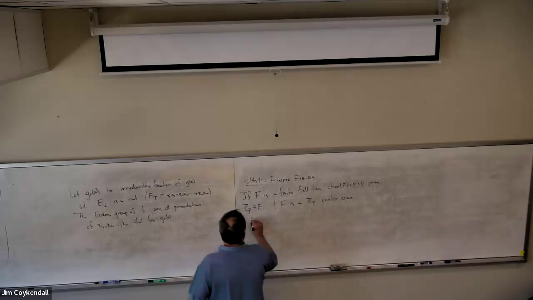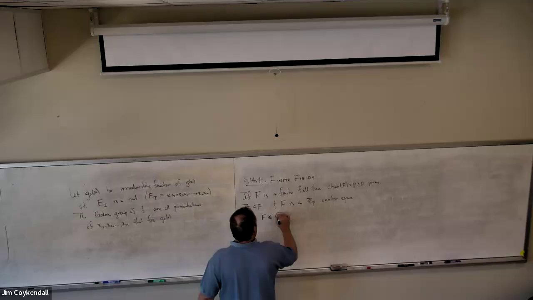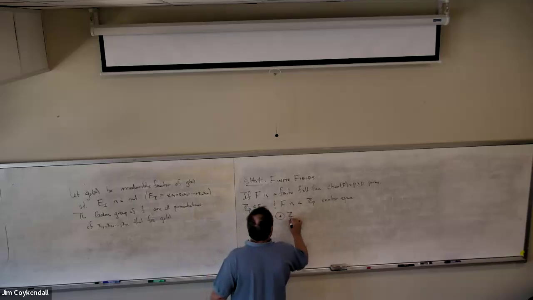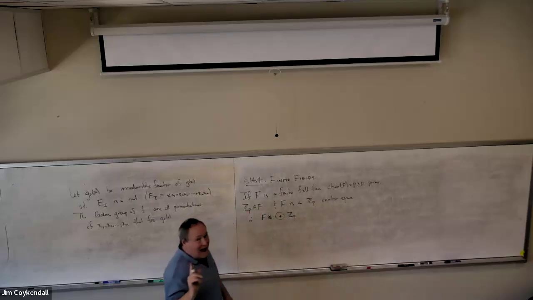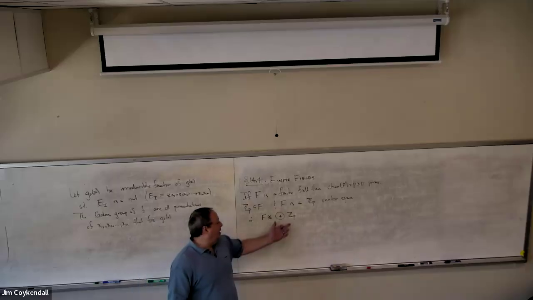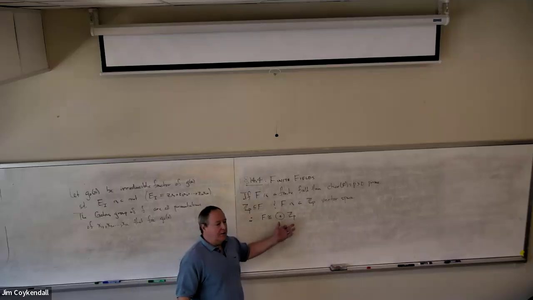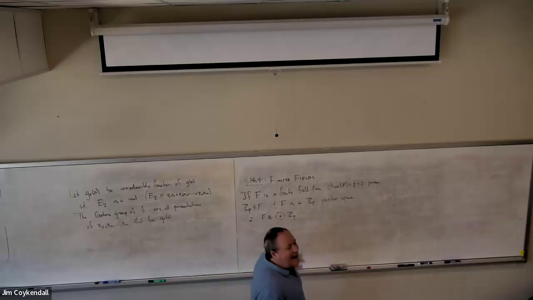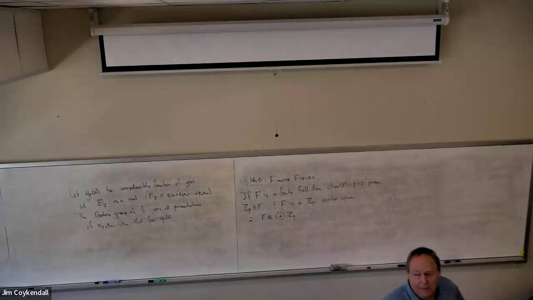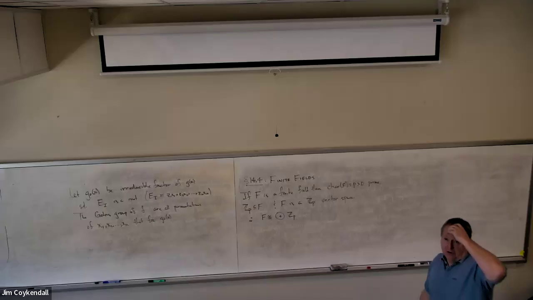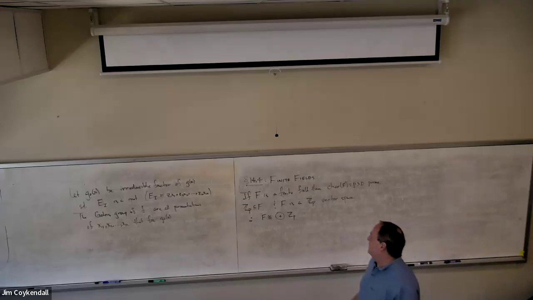Therefore, F is isomorphic to a direct sum of some number of copies of Z_p. As a vector space, this is not a direct product of rings. It's not what it is. This is as a vector space. We're not thinking about F's field structure at this point, but we're going to capture something important anyway by counting.